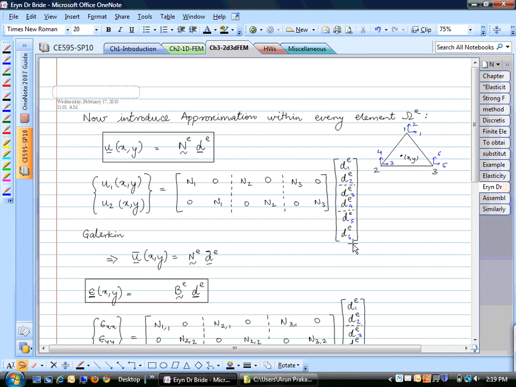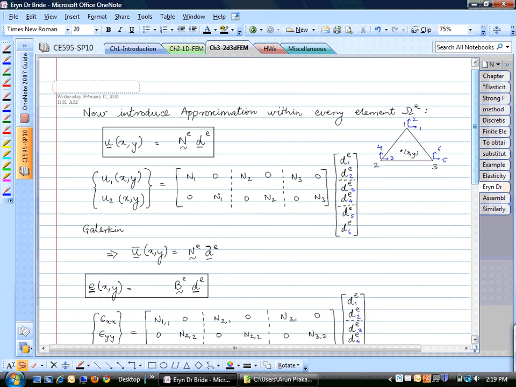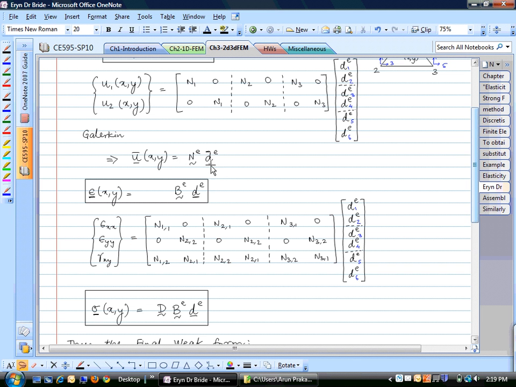This is our degrees of freedom, and the same type of algebra that we used to find out the exact form of N of x, y, we are going to use for this elasticity problem also. So once we have the real displacements, we can also use the Galerkin approximation to come up with the virtual displacements, which is the exact same formula for N.